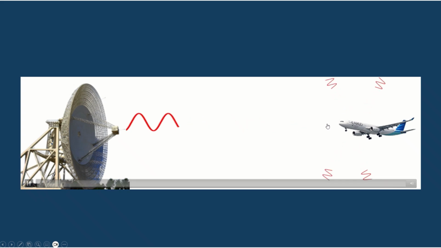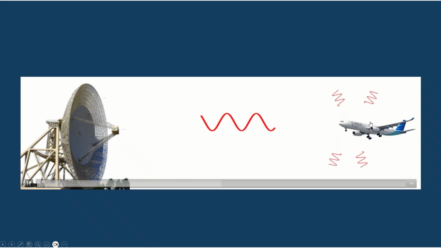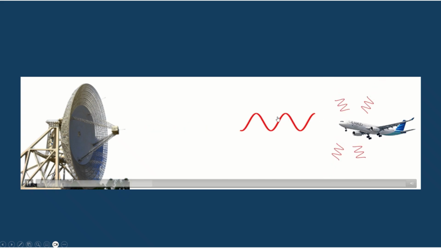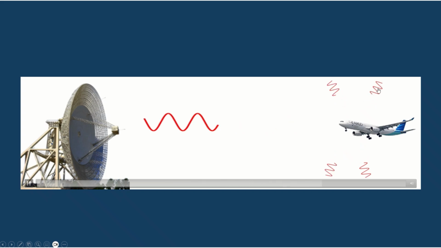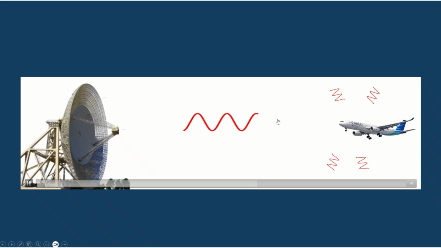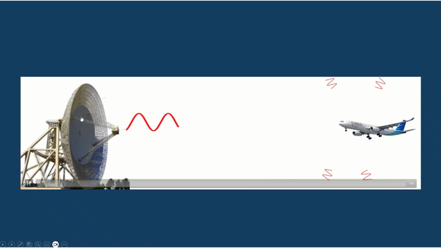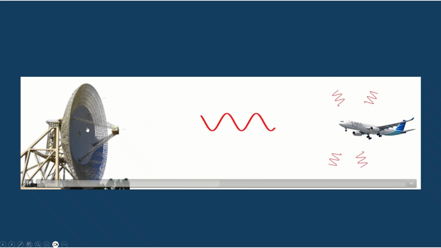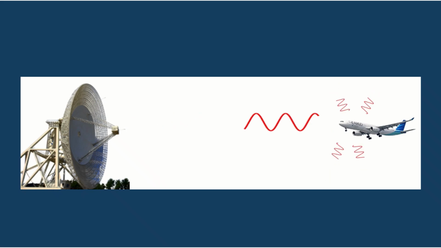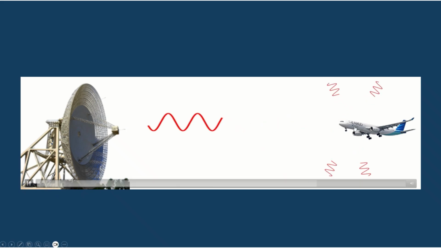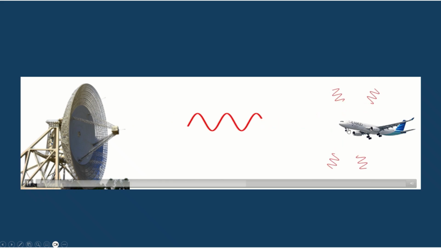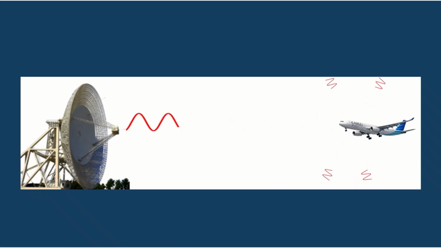Some part of the waves gets absorbed based on the material properties of these structures, some part gets reflected and some part gets scattered. The part of the waves which is reflected is received by the same antenna and processed to get information about the range, velocity and direction of the target. That is how the monostatic radar works.